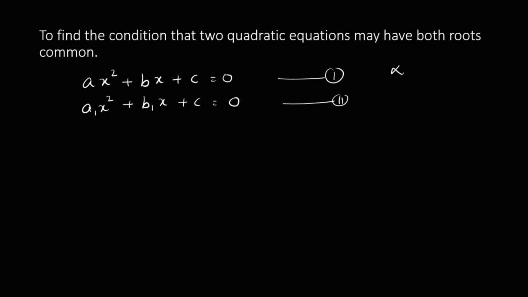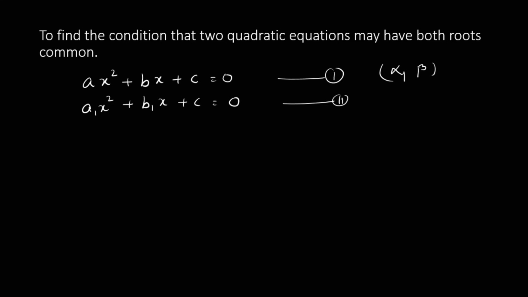Now alpha and beta are the roots which are satisfied by both quadratic equations. In this case, alpha and beta lie on equation 1 as well as equation 2.